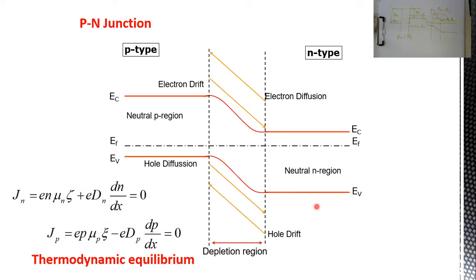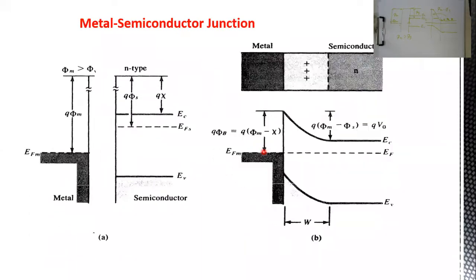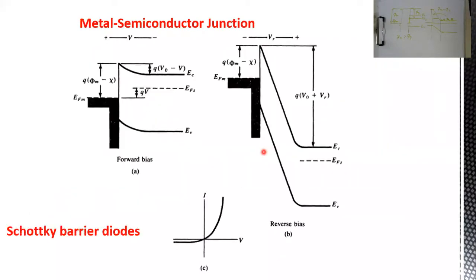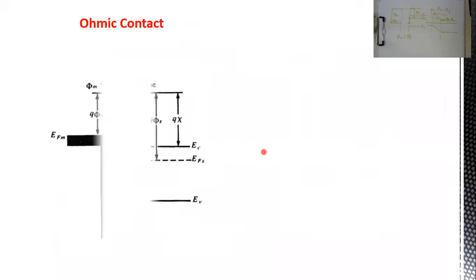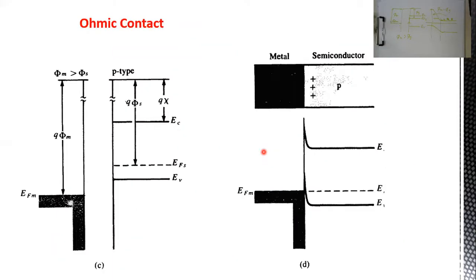The energy gap, which is a material property, is constant everywhere because it's the same material. But what if you combine two different materials? For example, silicon and gallium arsenide, or gallium indium phosphide, or whatever, two different semiconductor materials.